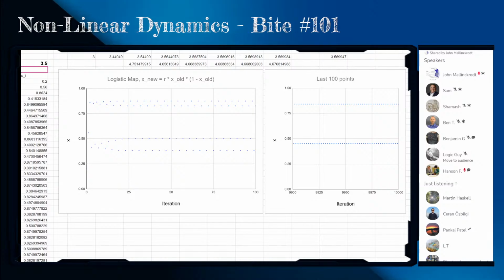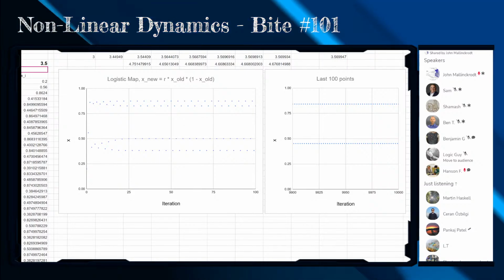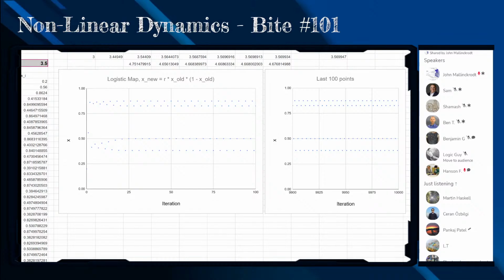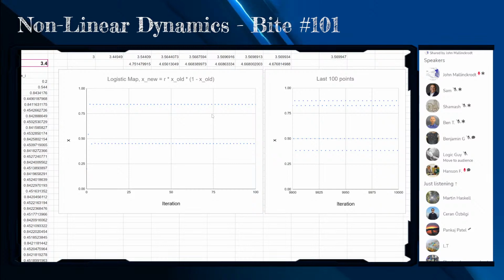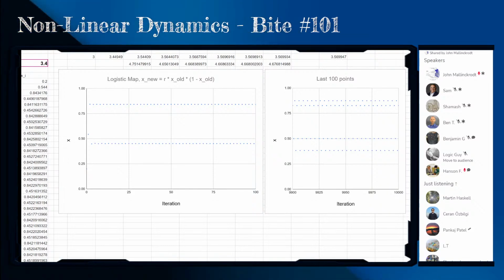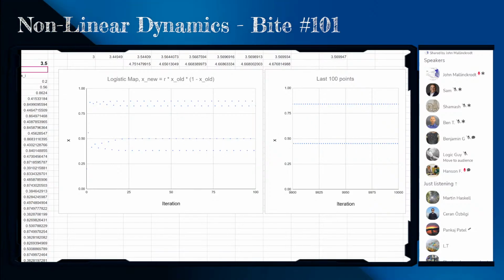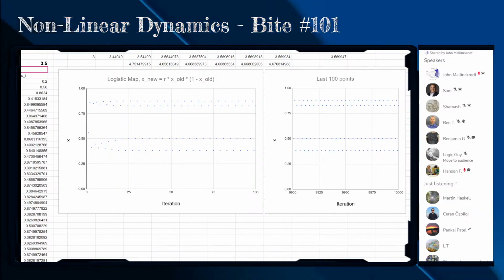Whoa. So now those two things that I had at 3.4 seem to have both split into two sequences. So now the series of numbers, rather than being what we call period 2, where it took 2 iterations to get back to the same number, now takes 4 iterations to get back to the same number.